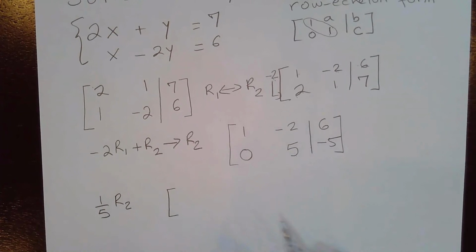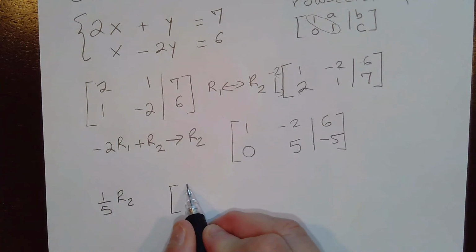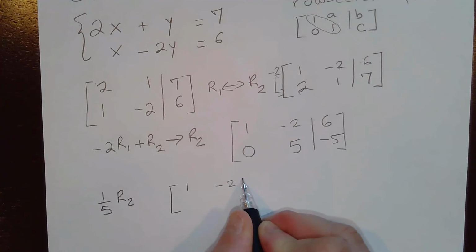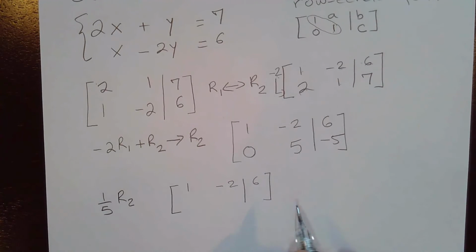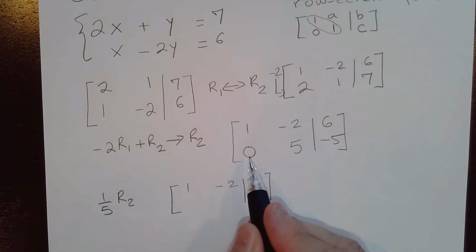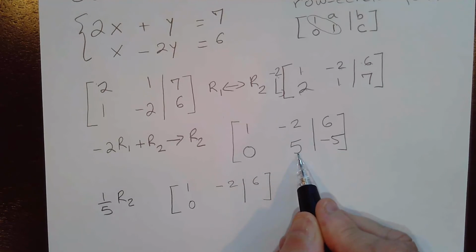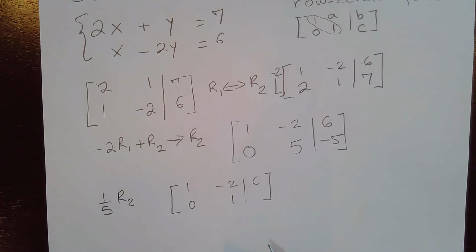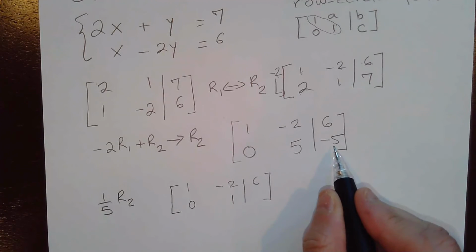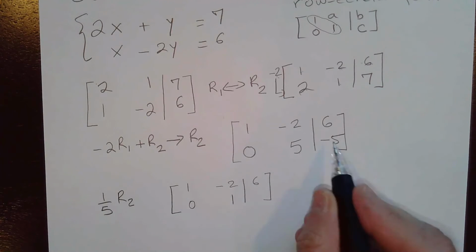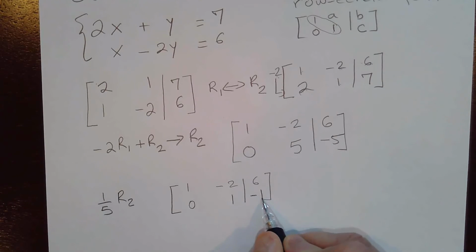Row 1 is not changing, so we leave it as is. You have 1, negative 2, 6. Multiply row 2 by 1/5. 1/5 times 0 is 0. 1/5 times 5 is just 1. 1/5 times negative 5, the 5 cancels, we're left with negative 1.